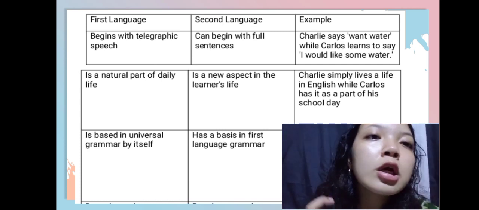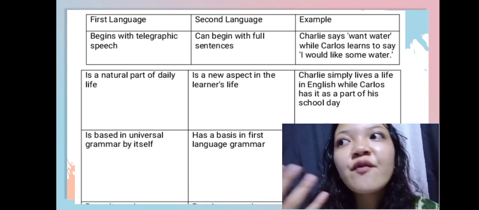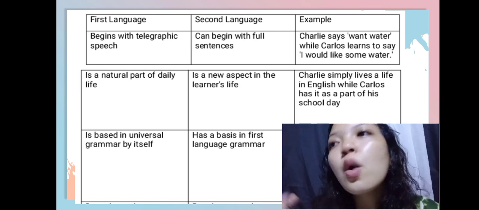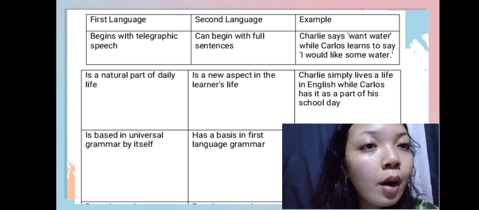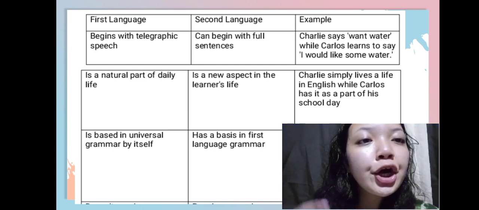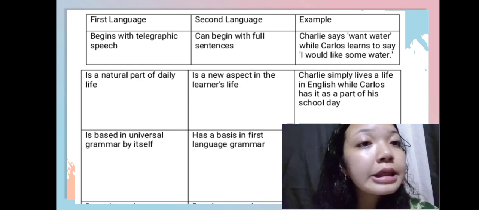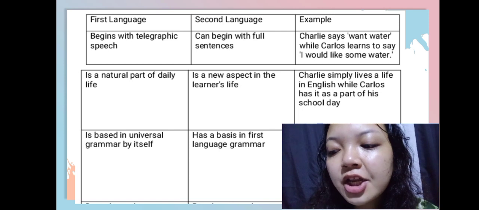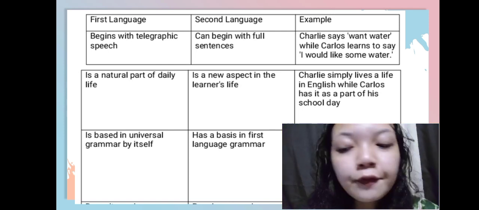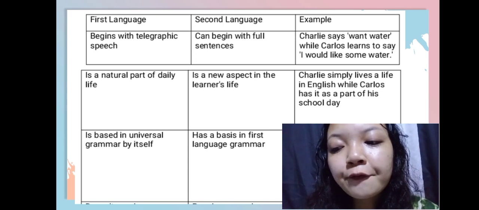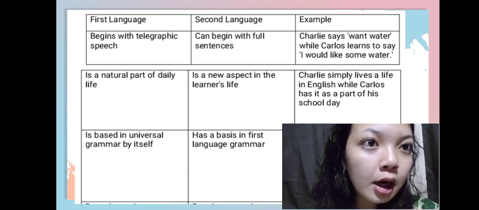But when you are learning your second language, it is very hard for you since you are not familiar with it and you are consciously obtaining, understanding, and adopting the language. The first language is based in universal grammar by itself, while the second language has a basis in the first language grammar.